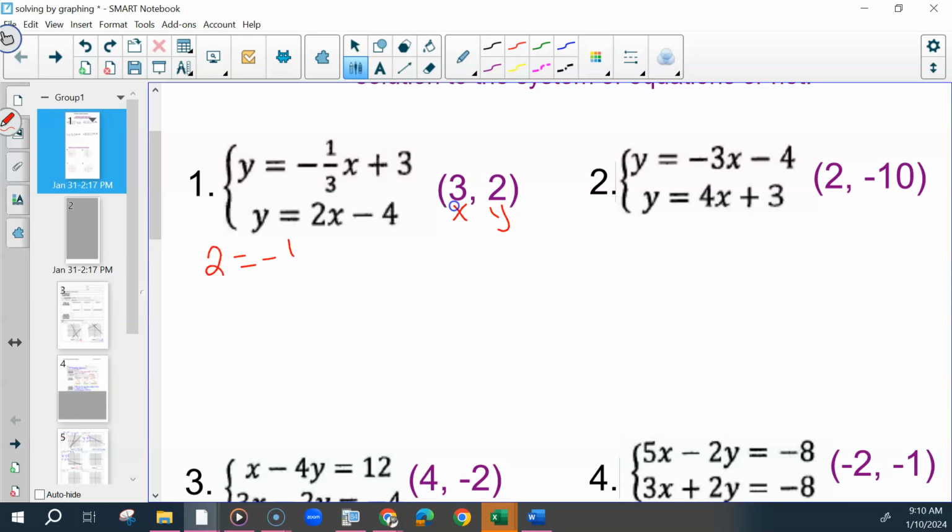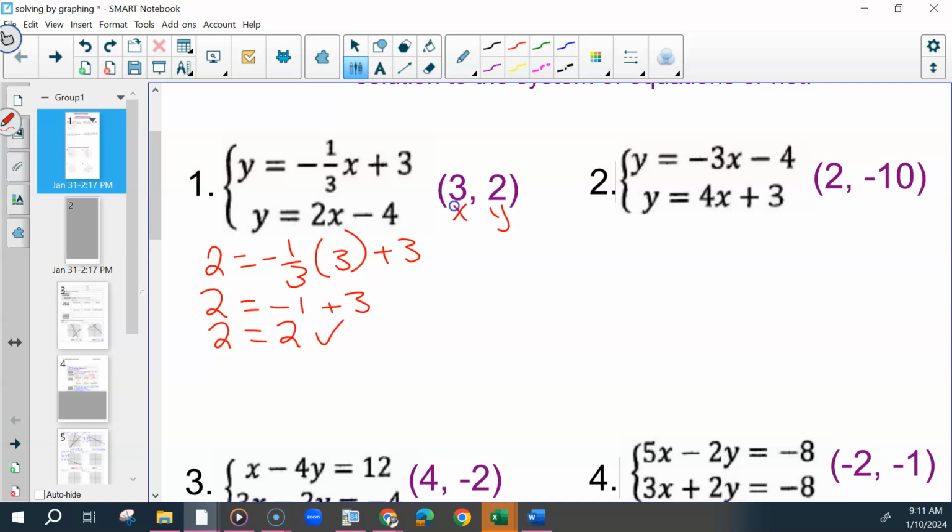2 equals negative 1/3 times 3 plus 3. We multiply negative 1/3 and 3, we get negative 1. Does negative 1 plus 3 give us 2? Yes.